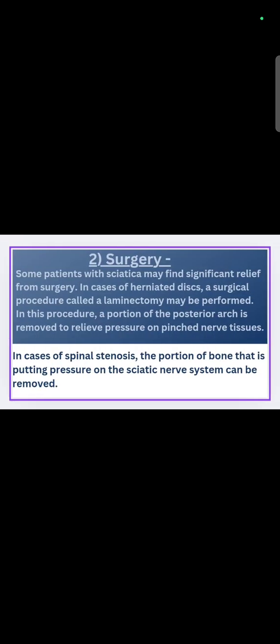Second is surgery. When the patient gets severe, at that time you will go for surgery. Or whenever the compression of the sciatic nerve is major or of high degree, at that time you will go for surgery.